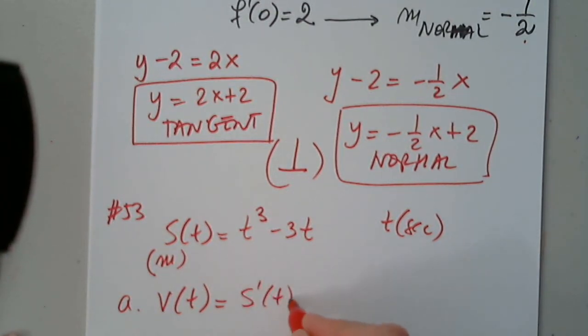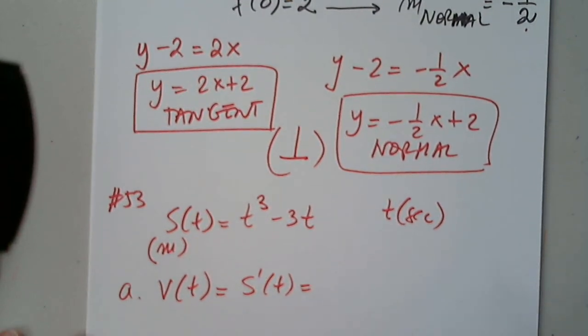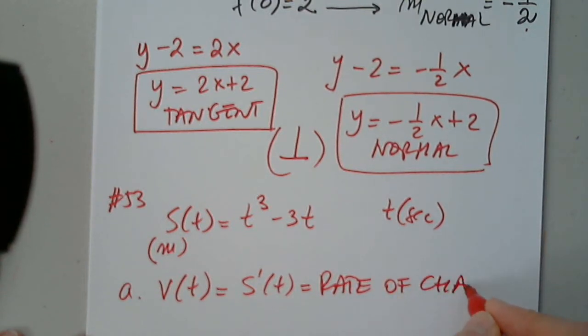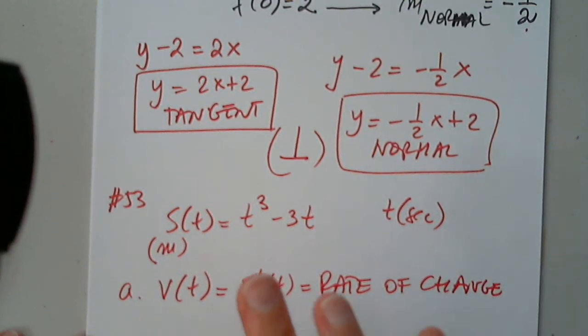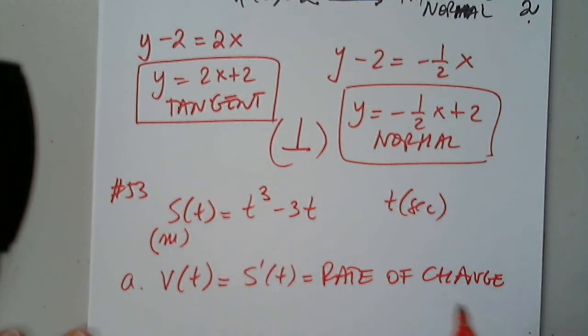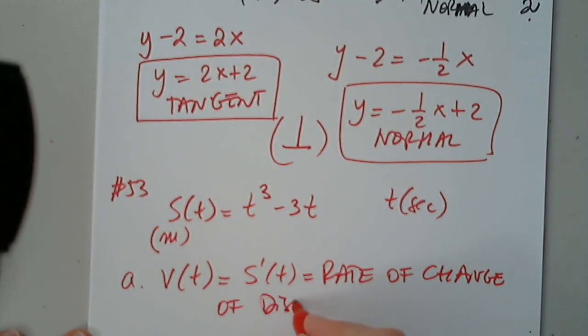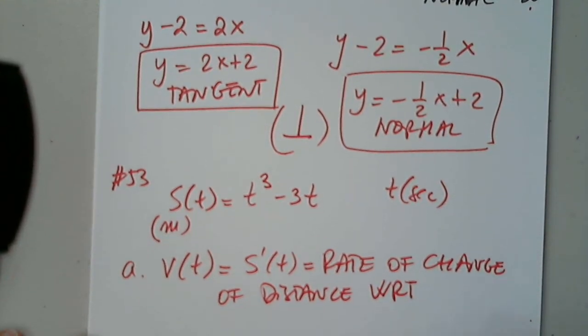It's s prime of t. The rate of change of distance, I'm sorry, with respect to, that's how lazy people write, with respect to time.